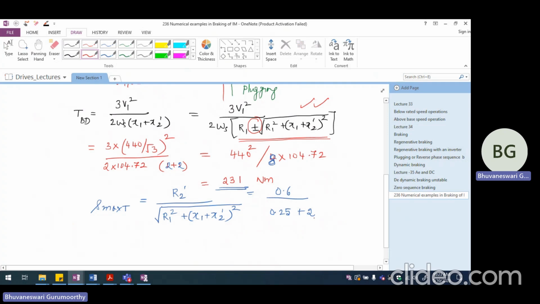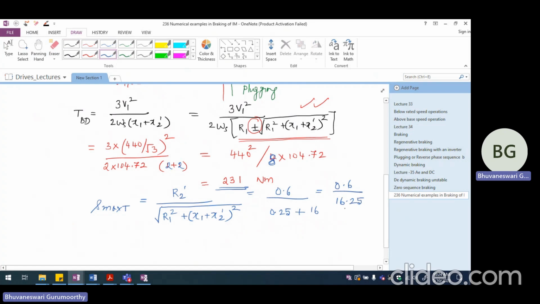So here I should write this to be 2 plus 2 the whole square, which is actually 4 square, so that will be 16. So this will be 0.6 divided by 16.25.